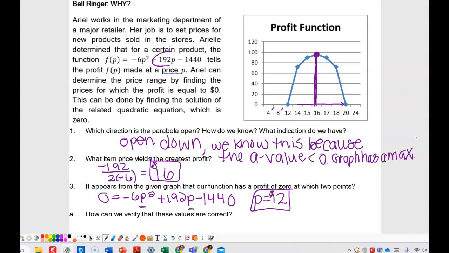And then my other point is at 20. Again, you could confirm by plugging 20 in for p and making sure it equals 0. I knew I was going to be able to write it down below.